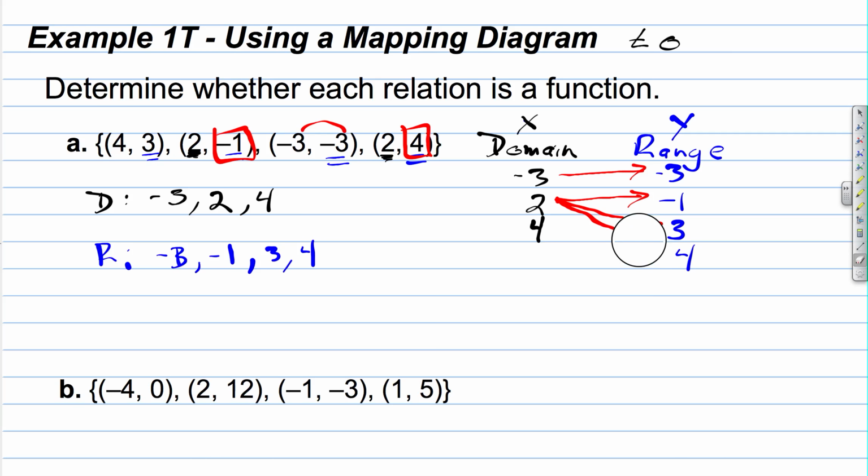Let me clean that up and put that arrow in there. I made a mistake, mapping it to the 3. The 2 should be paired with -1 and 4. And 4 is paired with 3. This is what makes problem A not a function.